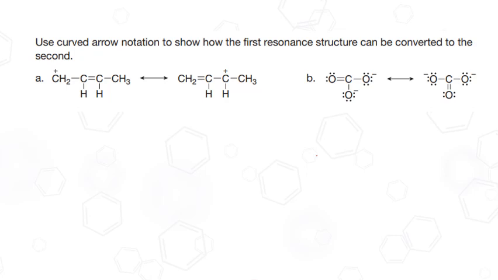So what that appears to mean is that this particular pair of electrons over here went from here towards this side. So just to represent that, as your curved arrow, like that. Okay? And that's it. That should be the curved arrow notation that would lead you to this structure.